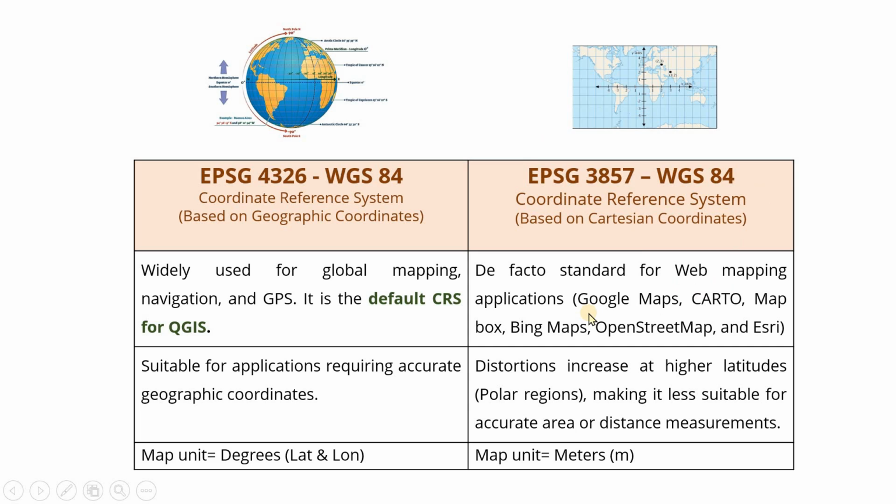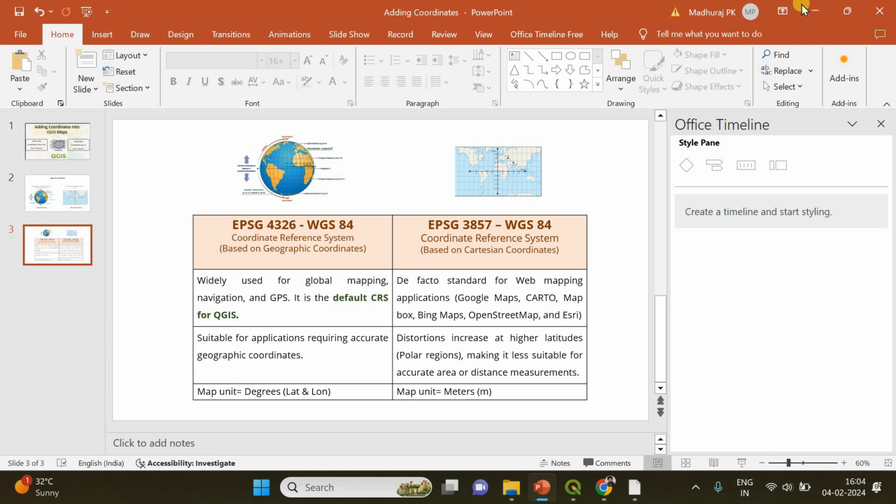So that is the major difference. The first one uses degrees as its map unit, whereas the second one uses meters as its map unit. Now let's go back to our tutorial.